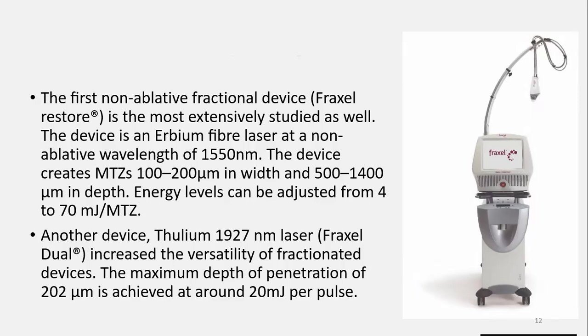Another device is the thulium 1927 nanometer laser, which is known as the Fraxel Dual, which increased the versatility of these fractionated devices. The maximum depth of penetration of this device is 202 micrometers at around 20 millijoules per pulse.